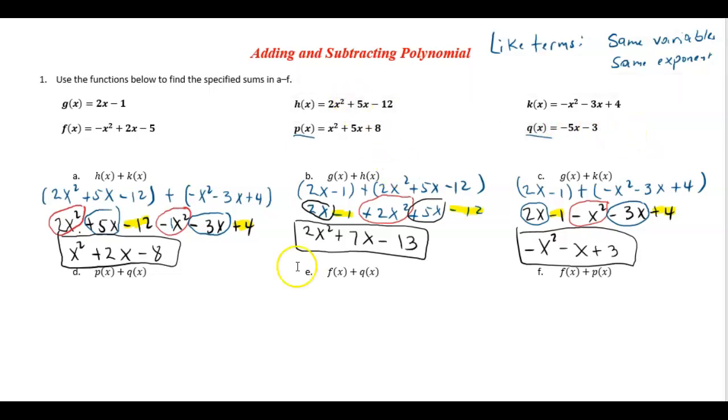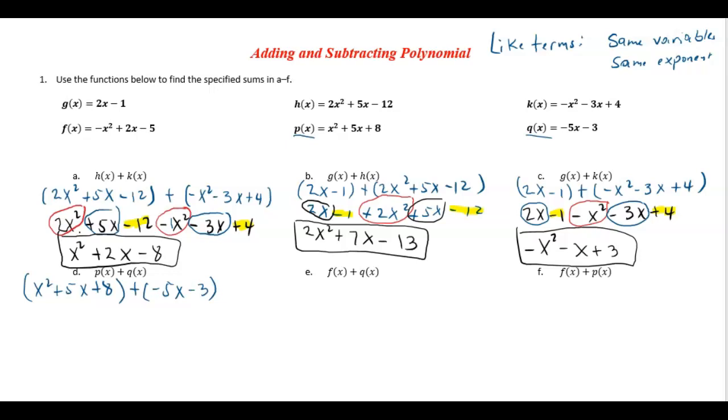So p of x is x squared plus 5x plus 8, plus q of x, and q of x is negative 5x minus 3.